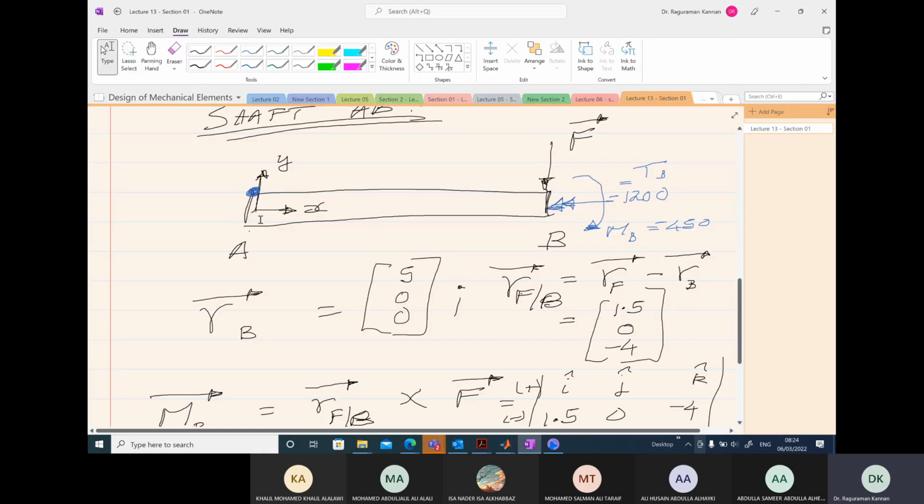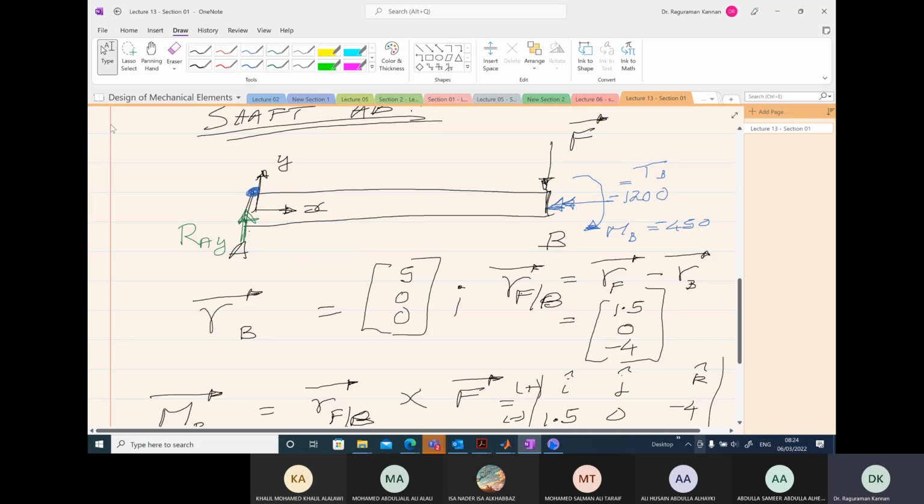We have reaction here. So the reaction at A, right at point A, we need not find the reaction forces, but just in case you want to represent the reaction forces, those will be RA in the y direction.